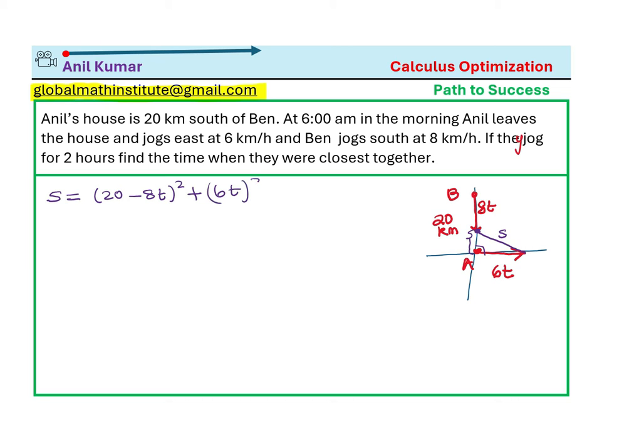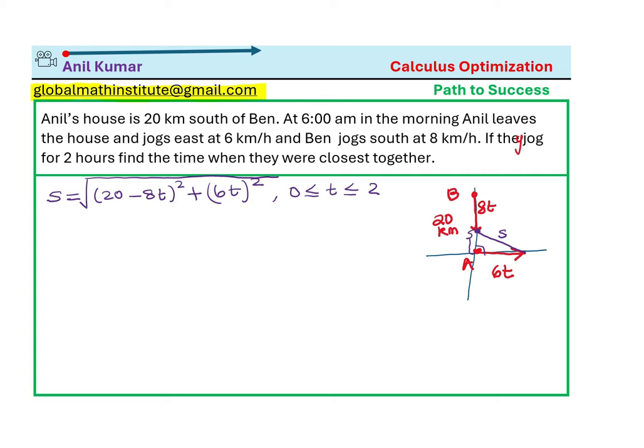Is that clear to you? So using the Pythagorean theorem and how much distance they cover, we can write down our equation to work with. Now here, we're also given that they jog for 2 hours. So time is between 0 and 2 hours. So it's a boundary condition given to us.